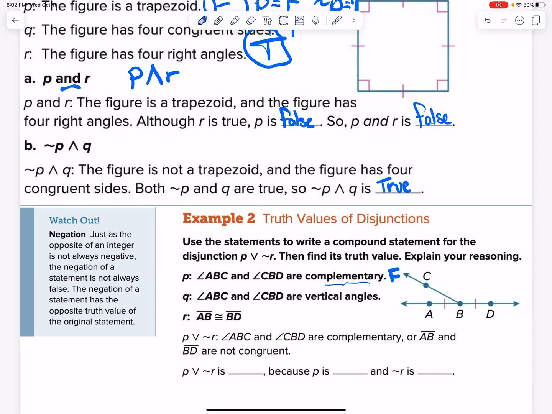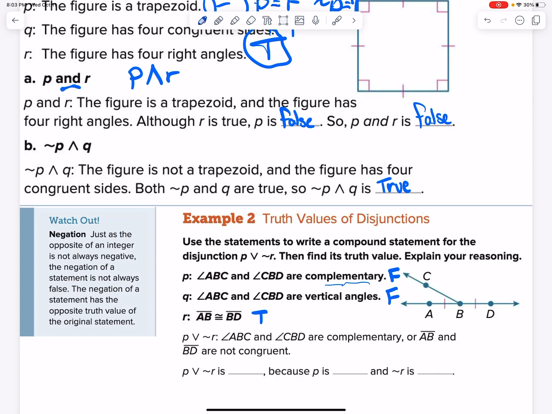So this is false. Angle ABC and CBD are vertical. Looking at this right here, those are also not vertical angles. The only thing that we do know is true about this so far is AB is congruent to BD, that is 100% true. So now I have to look at the truth value of this.